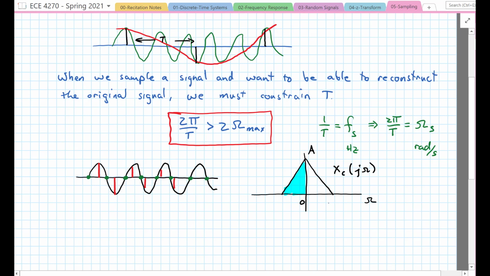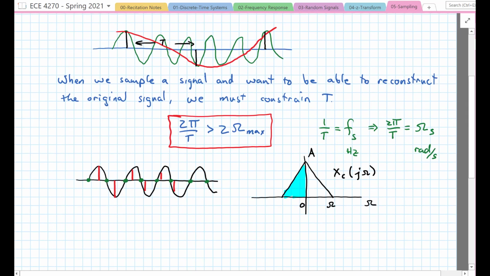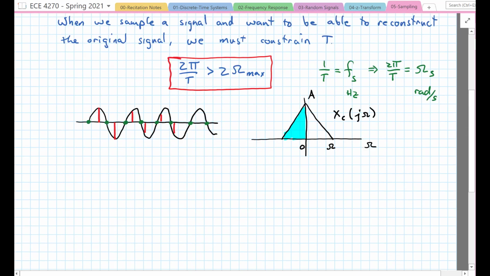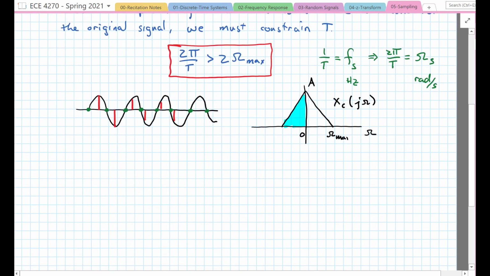And so this signal, pardon me, or this point would be omega max, and this would be minus omega max right at that point.